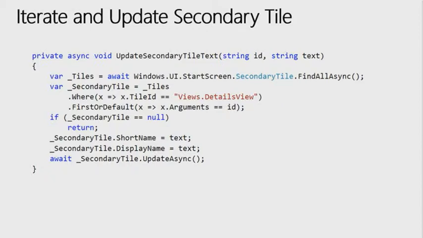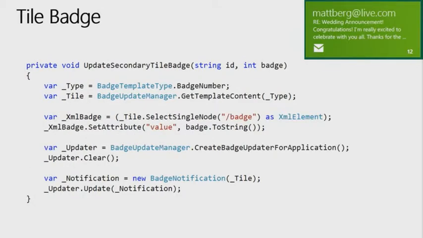So in this case, it finds a tile ID that is the details view and finds a specific argument that was passed into this method. Once you have that, it updates the short name and the display name with whatever else was passed into this method, and then updates it. Update doesn't have to be approved because it's already there. We're just making it fresh. Sounds good. Yeah. So this method could show up in your application, or it could show up in your background task, because it has the same references.